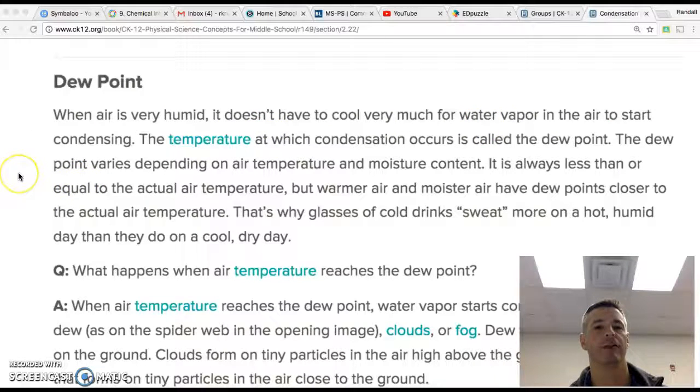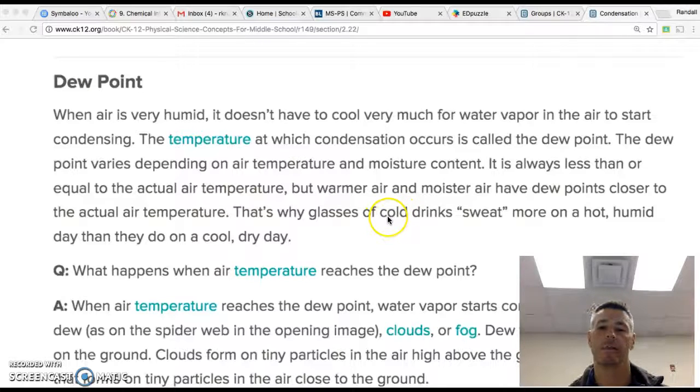The dew point varies depending on air temperature and moisture content. It is always less than or equal to the actual air temperature, but warmer air and moister air have dew points closer to the actual air temperature. That's why glasses of cold drinks sweat.